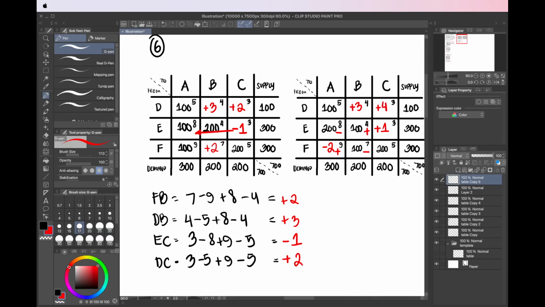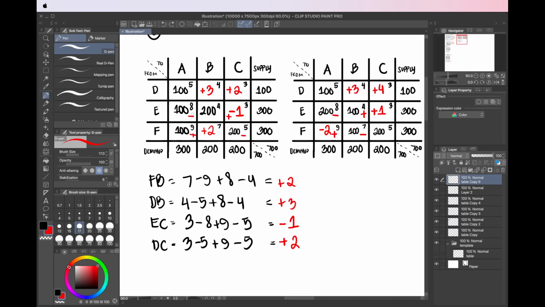So we moved here, and then moved back. So we need to mark the cells with the signs: positive, negative, positive, negative, because that was the path we used to get the entry of EC. Then remember, we check which is smaller between the negatives. Since 100 is smaller, we choose the smaller.